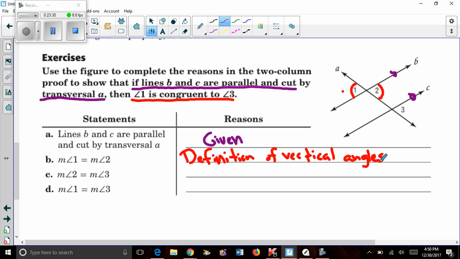Now we want to see if we can use this to find any other pieces of information. Is there something we can say about, say, these two angles right here? If we look at our notes from lesson 5.1, we have these two angles that seem like they're in the same position.